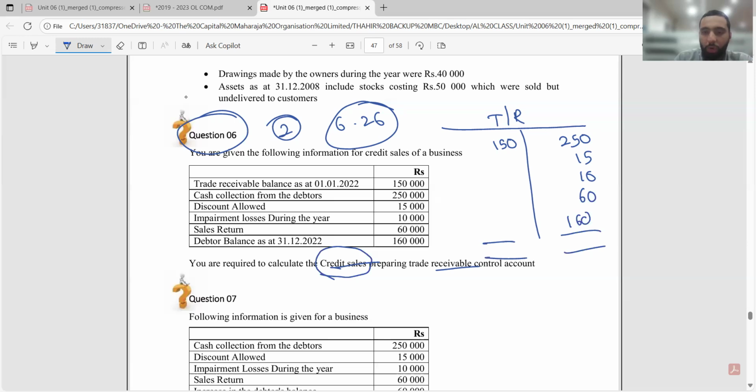You get the total of this: 250, 15, 265, 275, 335, 395, and it is 495, right? 495. And you minus this. How much is this? Very simple. Yes, the credit sale is 345. Am I correct? Now, students, can someone please confirm whether I am correct? This is the sales.